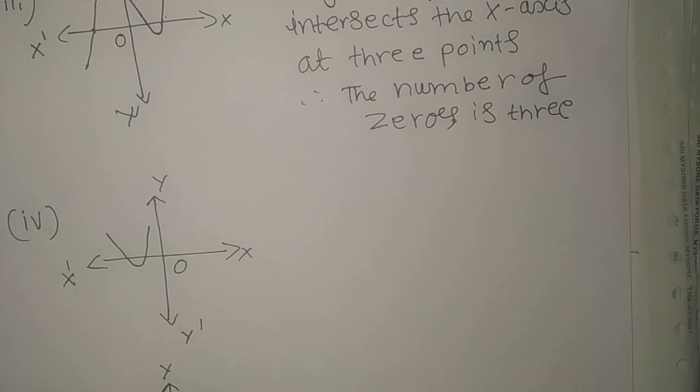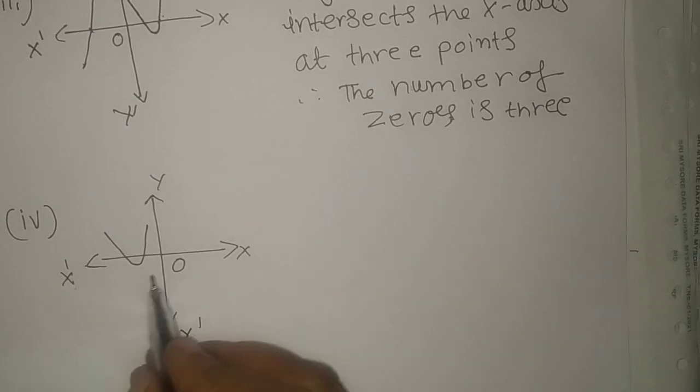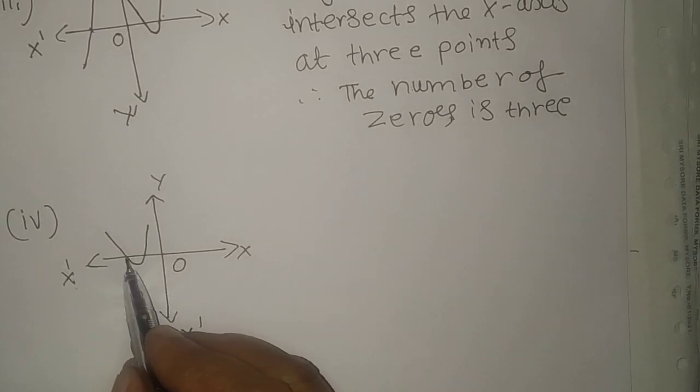Next we move on to the fourth one. The number of zeros here is 2: 1 and 2.